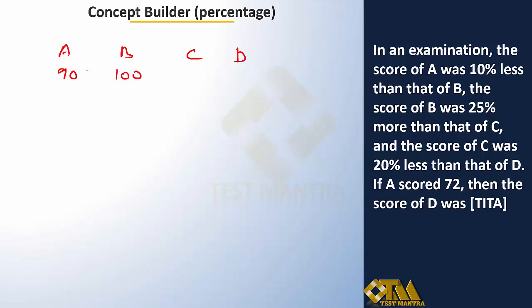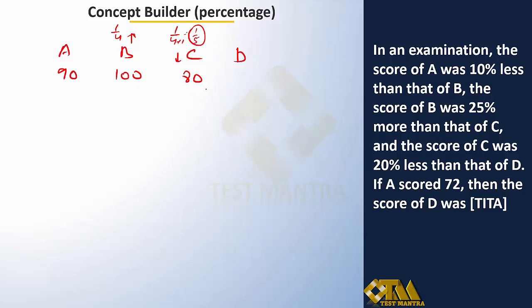The score of B was 25% more than that of C, so C is supposed to be 80. If it is 25% more, that is 1 by 4, then the reduction is 1 divided by 4 plus 1, so that's 1 by 5, which is 20%. So 20% of 100, that means 20 is the reduction. This value is supposed to be 80.